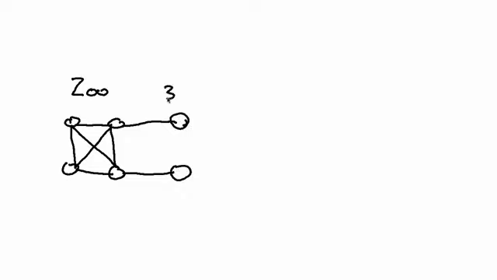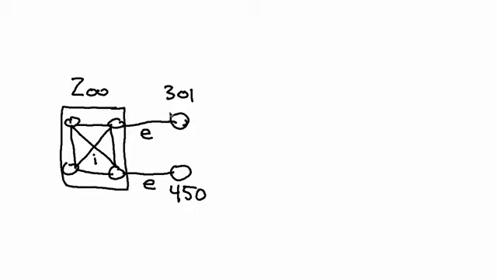One is Autonomous System 301 and the other provider is Autonomous System 450. Now, between ourselves and our providers, we are running eBGP because it's two different ASs. And internally, we are running iBGP because we are communicating between the same AS.